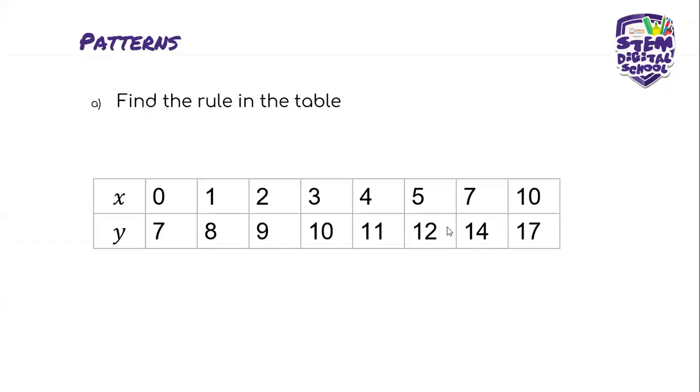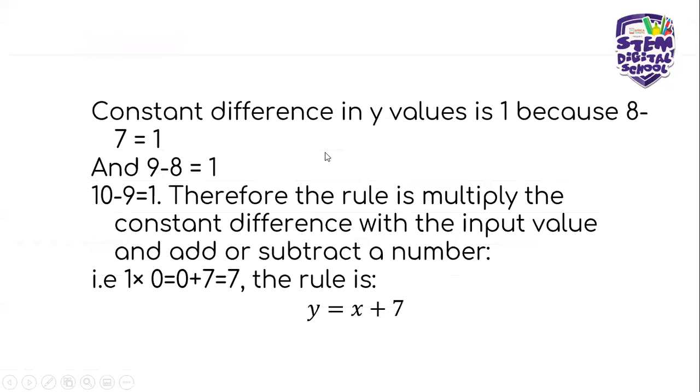So in order to find the constant difference, you'll say 14 minus 13. So once more, as we have done with the previous one, you can be able to see that the constant difference in y values is 1, because 8 minus 7 gives us 1, and 9 minus 8 also gives 1, and 10 minus 9 is 1.